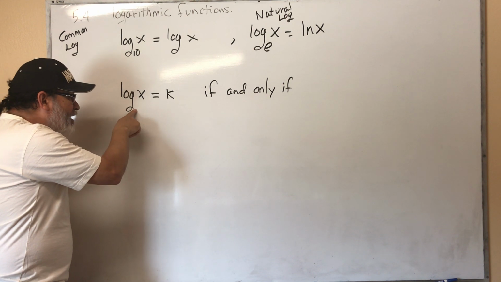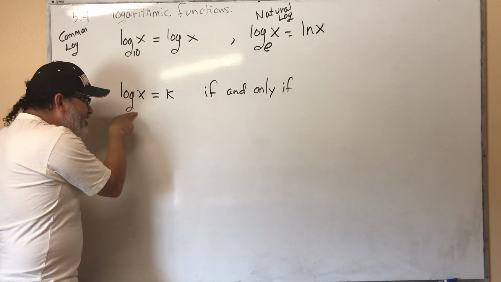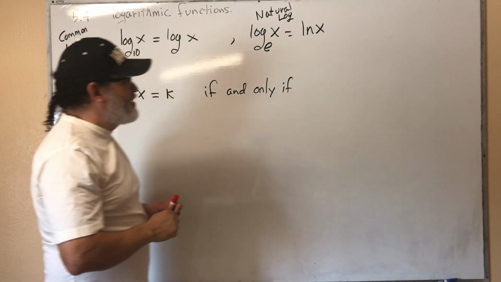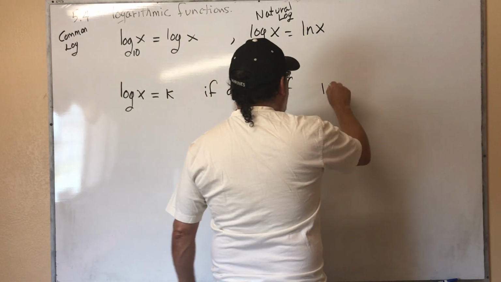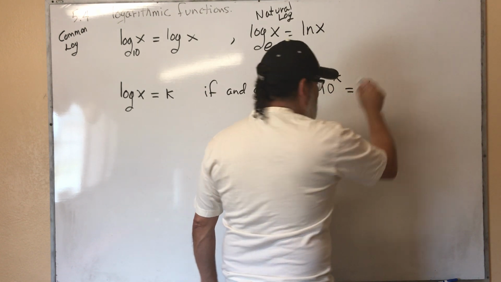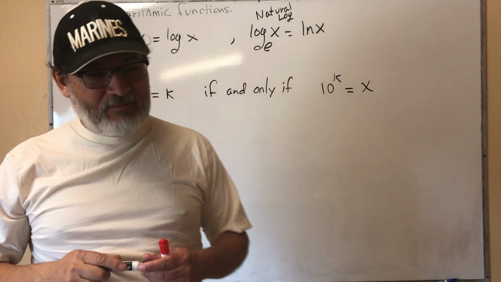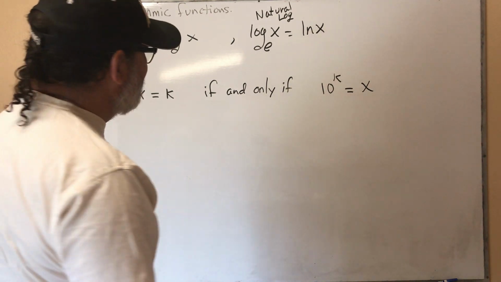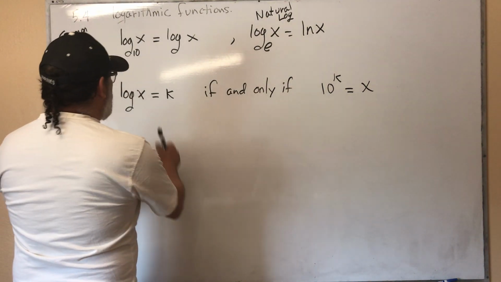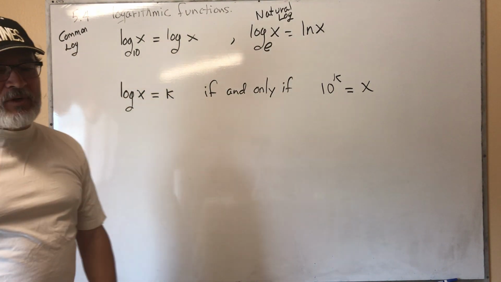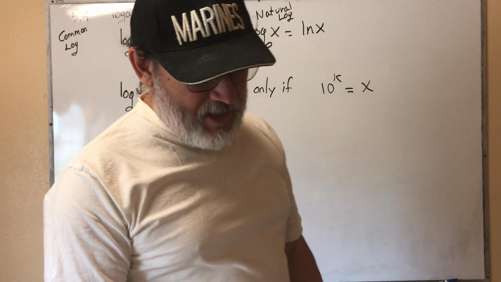The base is 10. This base to this power gives you the argument. If and only if 10 to the k equals x. So they are related. Yes, they are related.